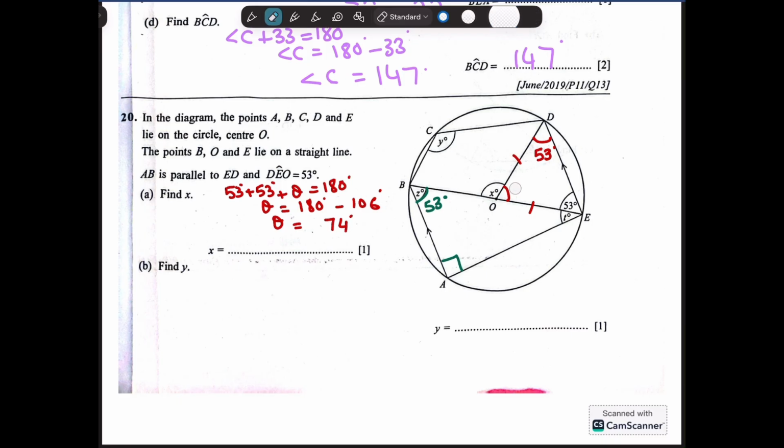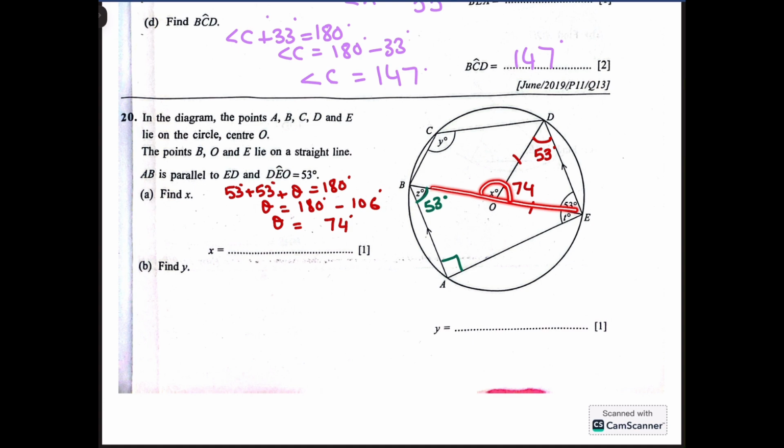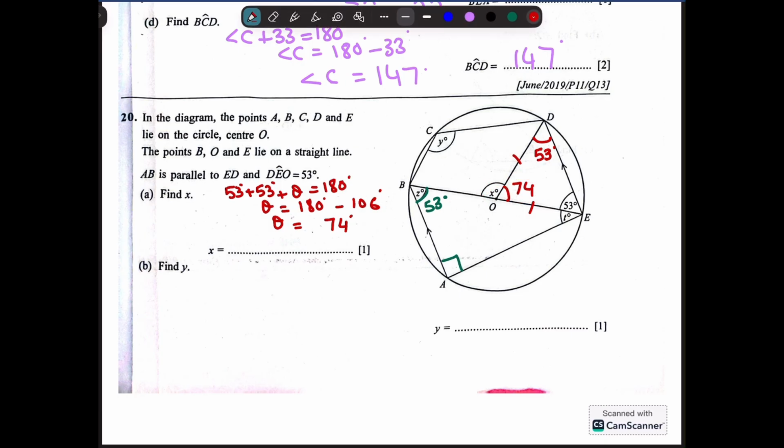Okay, so let's write that down. This is 74. And we know that the sum of angles on a straight line is also 180. So we're going to find the value of X. We're going to subtract 74 from 180. So 180 minus 74 will give you the value of X. So X comes out to be 106 degrees.